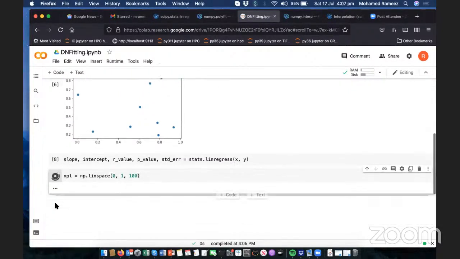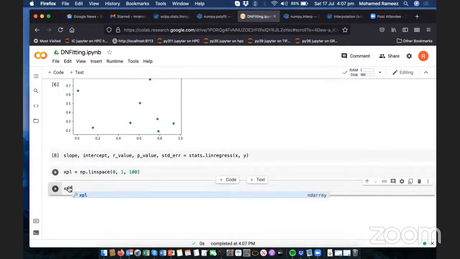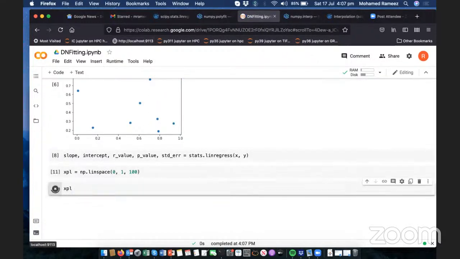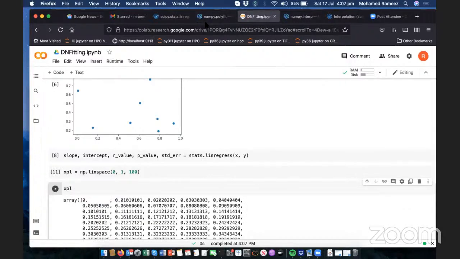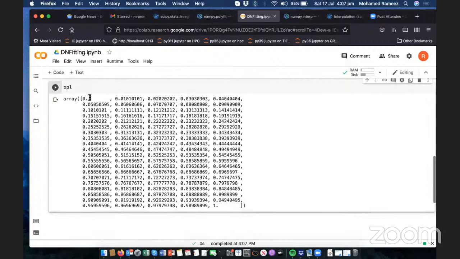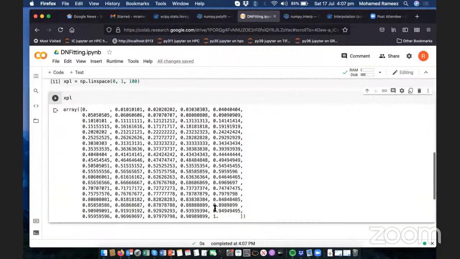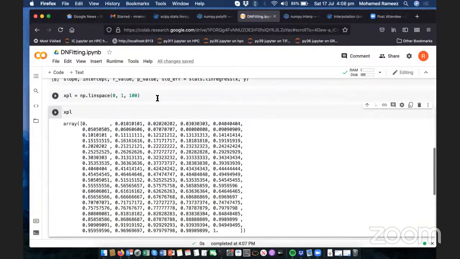So by doing that, we can examine what this array contains, xpl. You notice that in this array, the lowest number is 0, which is what I gave here, 1 is the highest number, and it contains in total 100 numbers, with equal spacing between all of them.